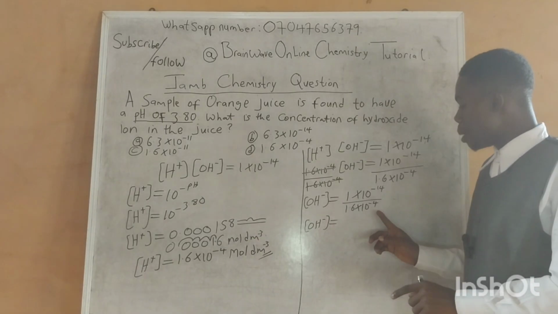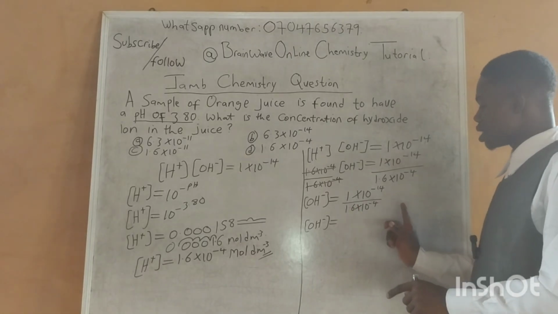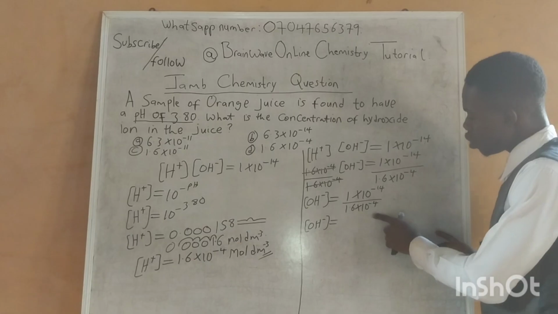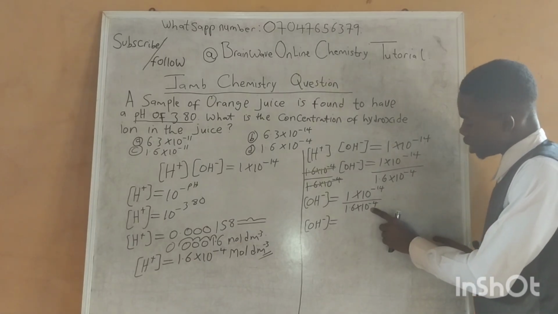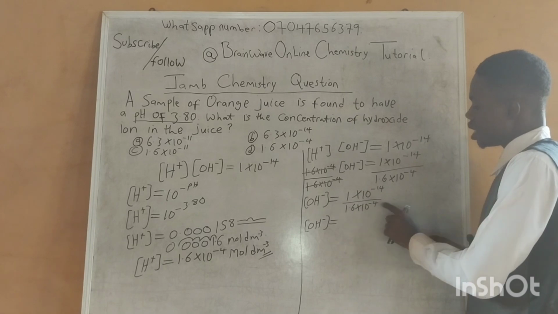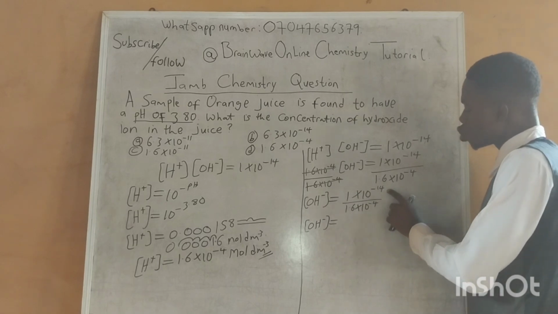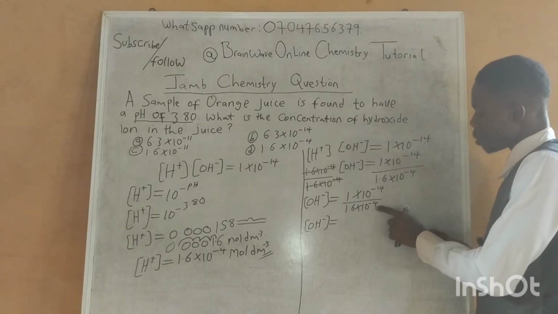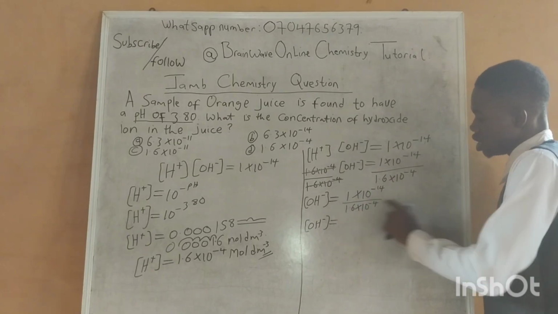But if it had a positive sign and it's crossing the division sign, it will change to a negative sign. Now look at it. This 10 raised to minus 4 is here, with a negative sign. Since it is crossing this division sign, it automatically changes to a positive sign, which is 10 raised to 4. Not 10 to minus 4 again, because it is crossing the division sign.